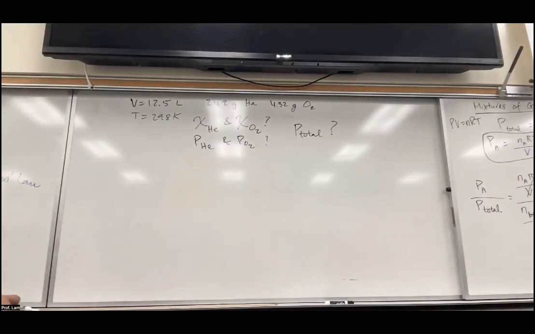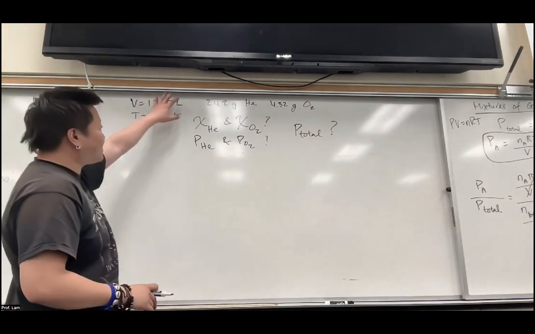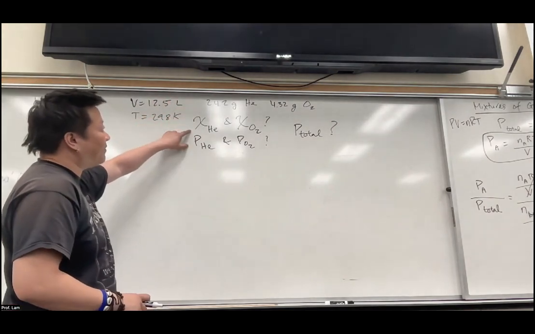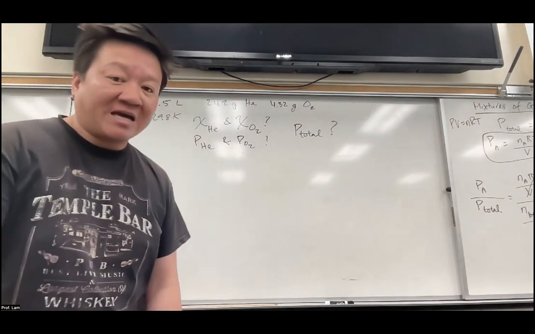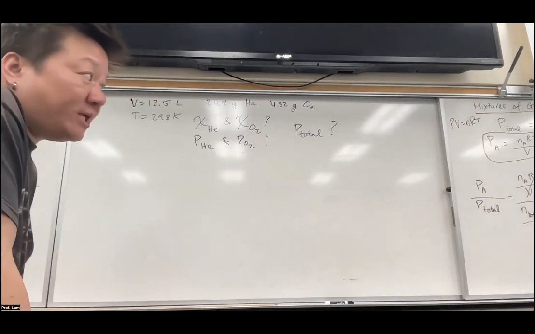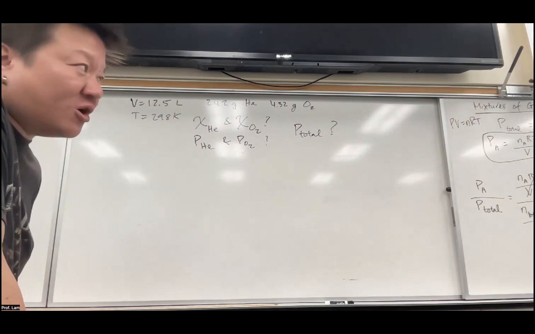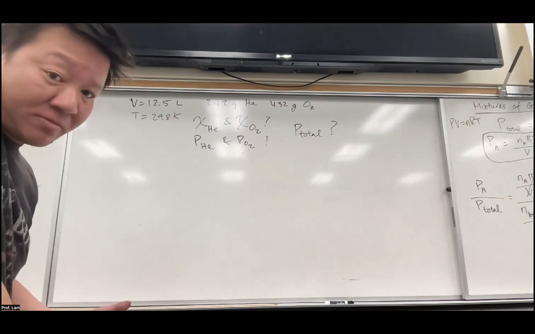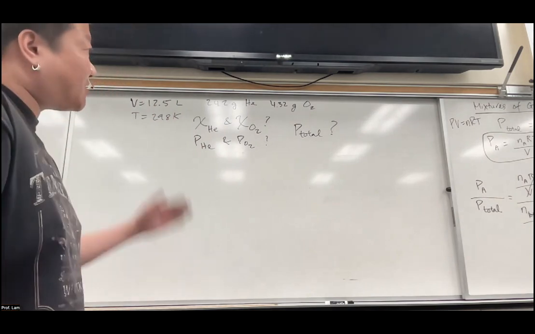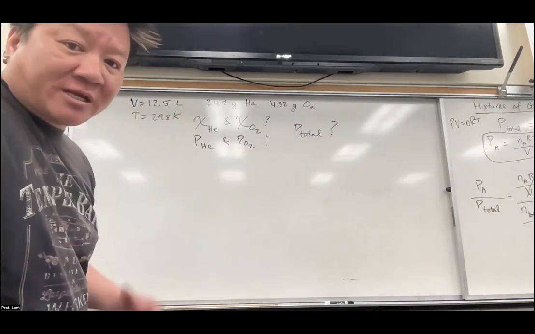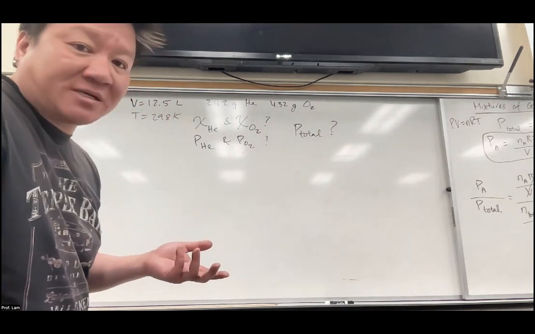Okay, so there we are. This is the situation. This is what it wants. With mixture of gases problems, you don't really need to do anything in order. There are no steps like 1, 2, 3, like a roadmap. It's just what is the information that you see, and you reason out what would make sense to do first.